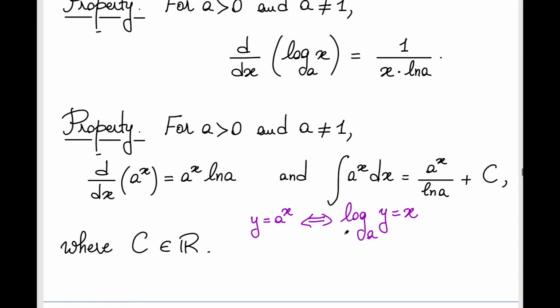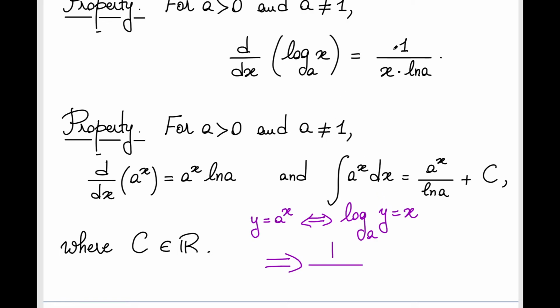Now if you differentiate both sides with respect to x, using implicit differentiation, what do we get? y is a function of x, so I'm going to use that. Using the chain rule, I'm going to differentiate this guy with respect to y first.